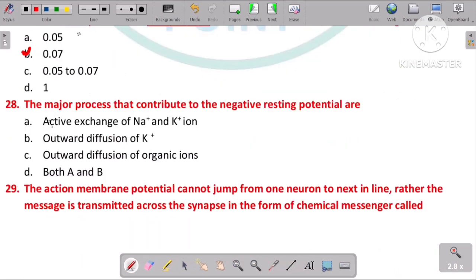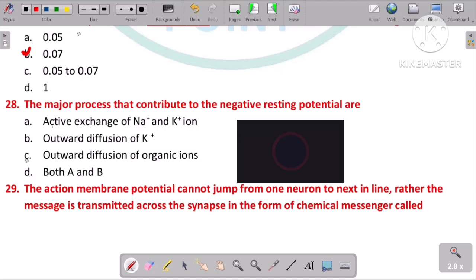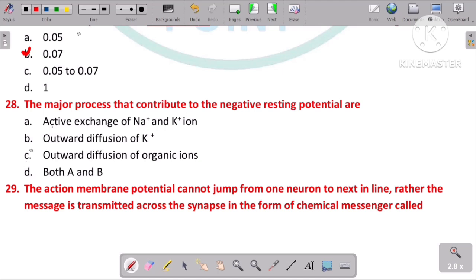So the next question is: the major processes that contribute to the negative resting potential are... So the right answer is option B, outward diffusion of potassium ions.